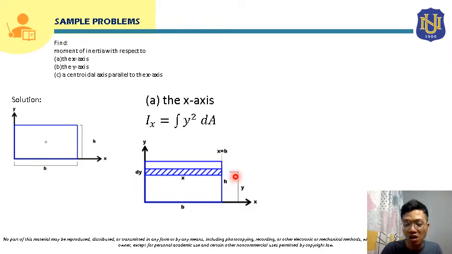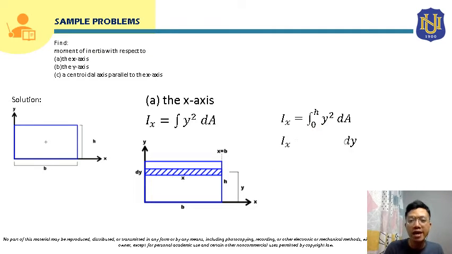Now we apply the formula. We will run our rectangular strip from here to here, so its limit will be from 0 to h, and then y squared dA. So we are going to solve for our differential area.